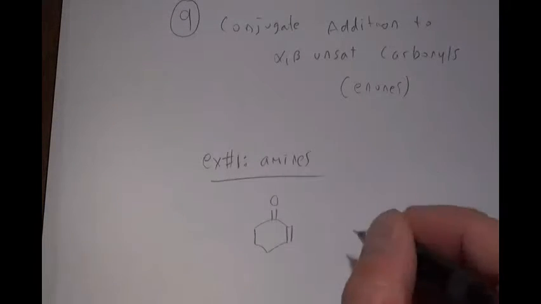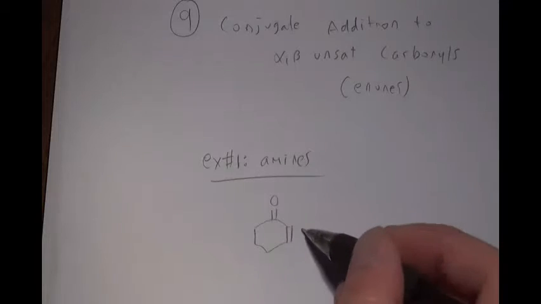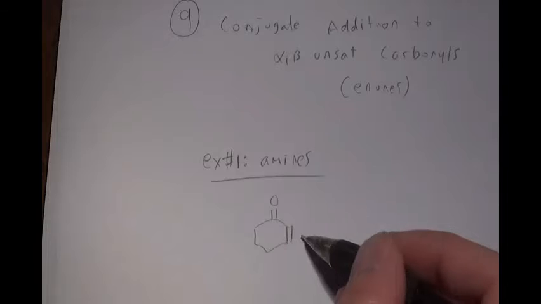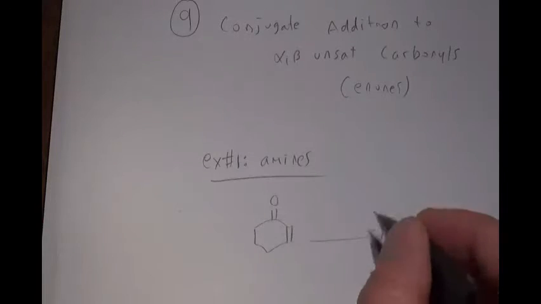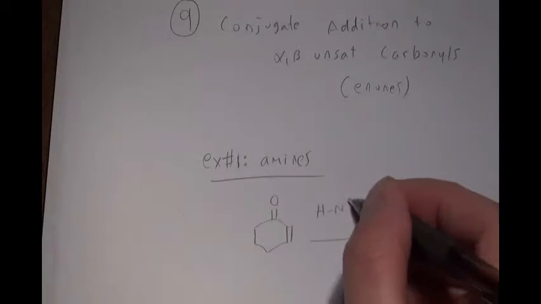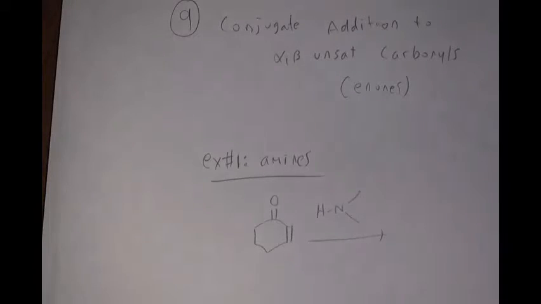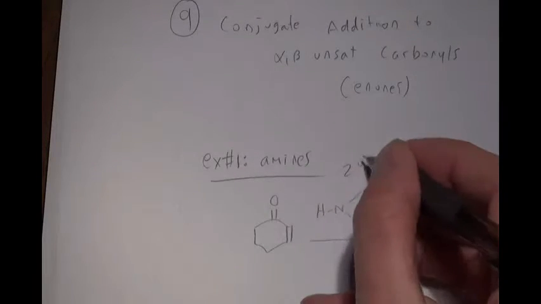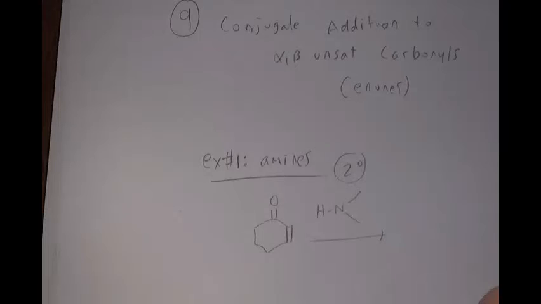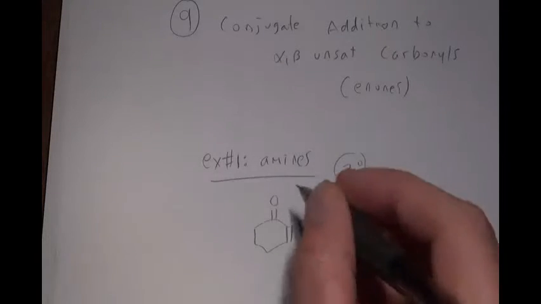So this is an alpha beta unsaturated ketone, right? Unsaturated means there's the alkene there. And let's just, as an example, throw in dimethylamine. So it's a secondary amine, right? It's an amine with two things on it.